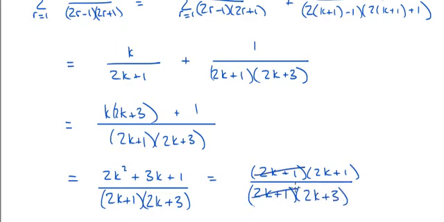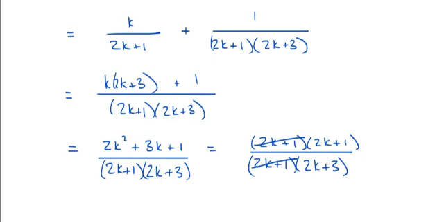So one of these brackets, top and bottom, will cancel, leaving us with 2k plus 1 on the top, 2k plus 3 on the bottom, which we can rewrite like we said before as, oh sorry, I don't mean 2k here. That would have given us 4k squared.